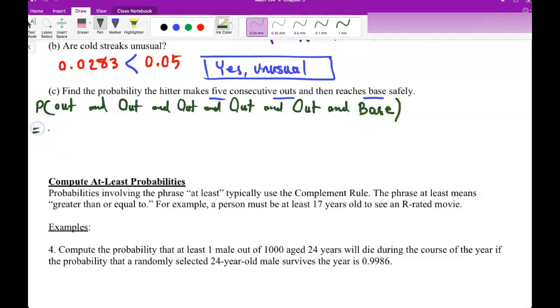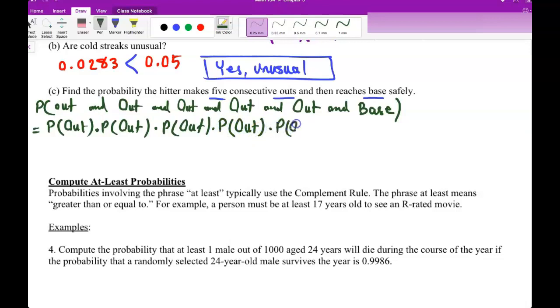So finding the probability for that part, multiply each one. So we have 5 outs and 1 base.